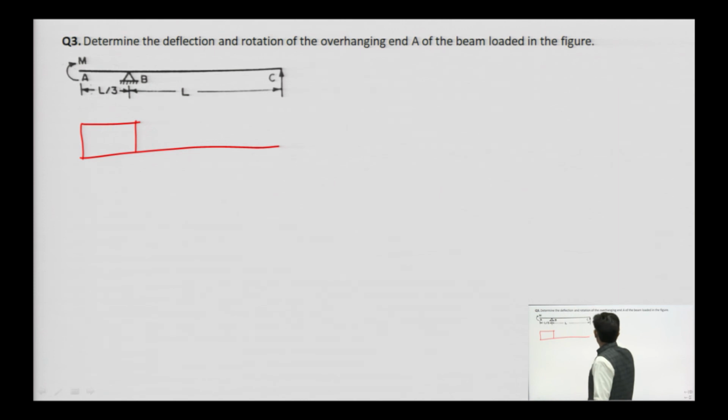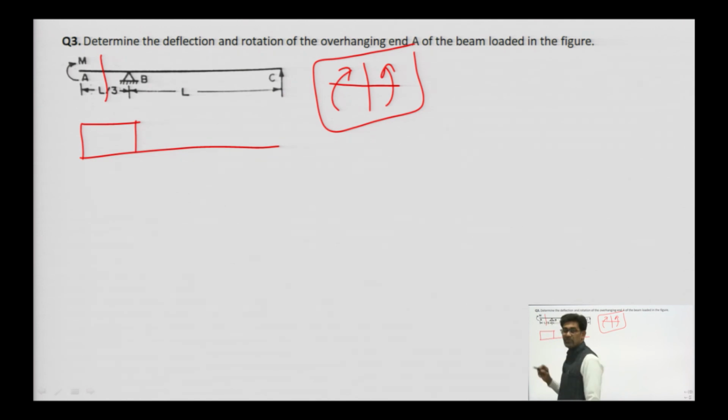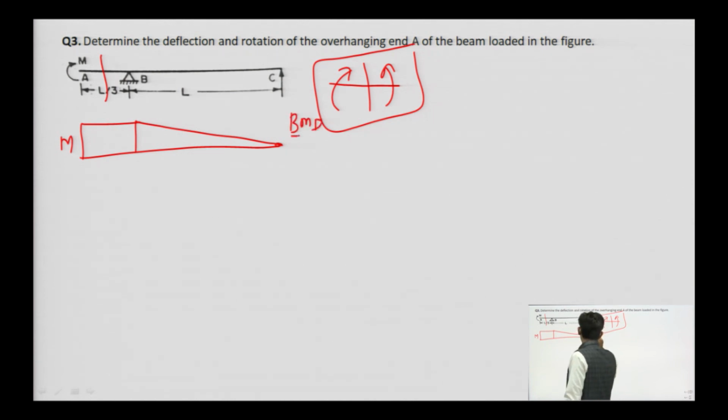Let us take a sign convention: this anticlockwise one we are going to take as positive, which means this is M. Here it is M, at this point it is 0. So, this is the bending moment. We do not need to calculate any reactions.